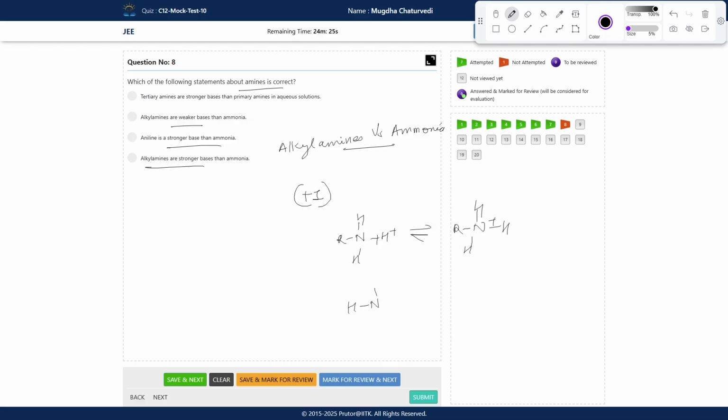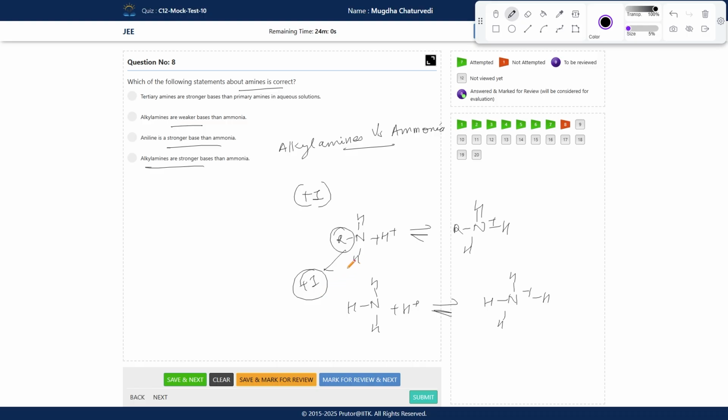Now if I look at ammonia, in the case of an alkyl amine, here I have an R group, which has a plus I effect. This plus I effect pushes the electron density towards the nitrogen.